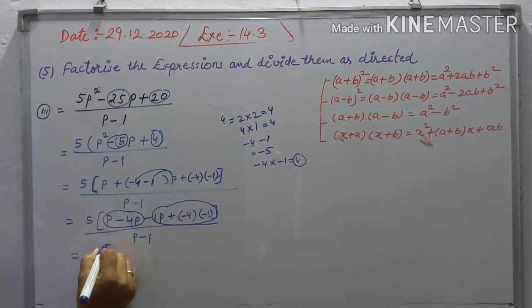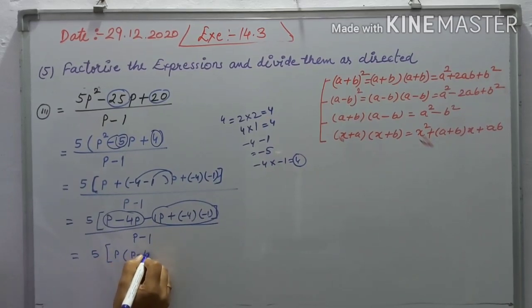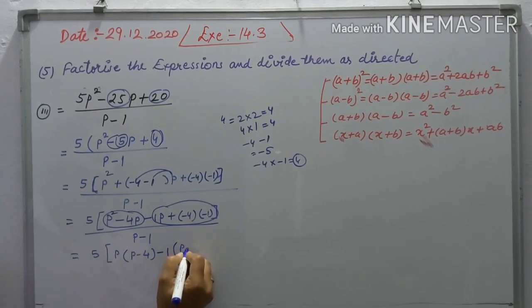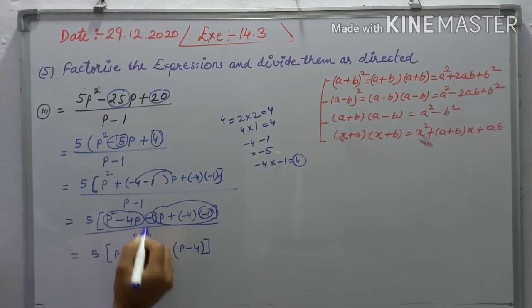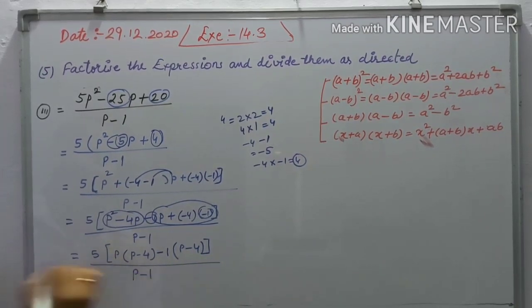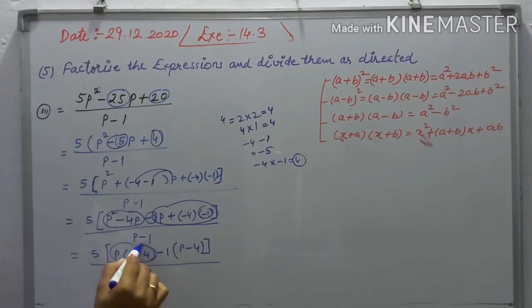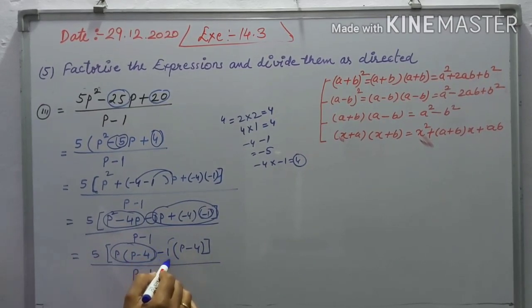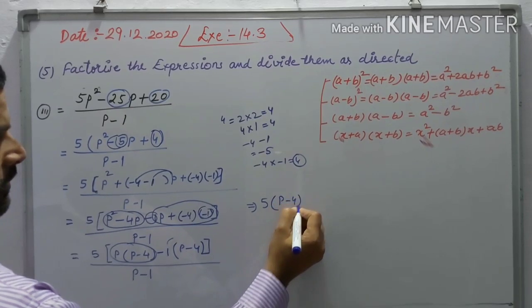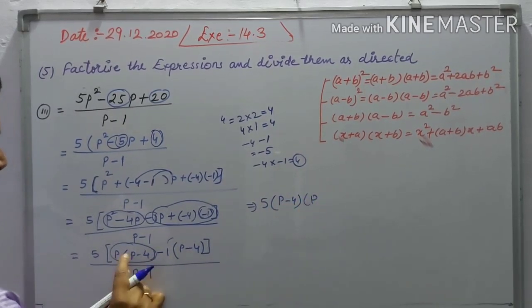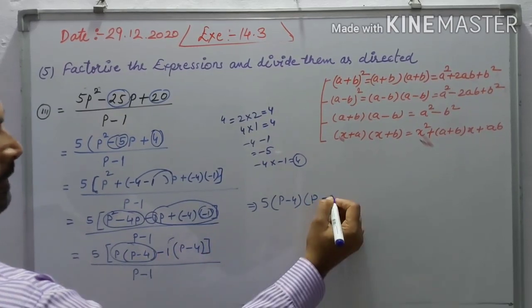In the first term, p is common: p(p − 4). In the second term, minus 1 is common: −1(p − 4). Then p − 4 is common: (p − 4)(p − 1).